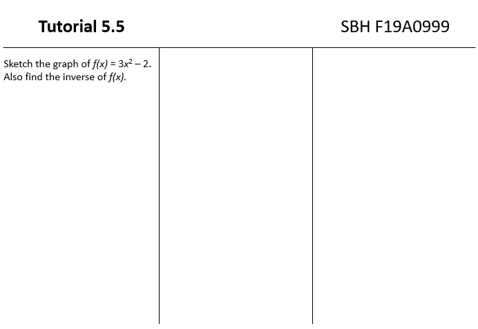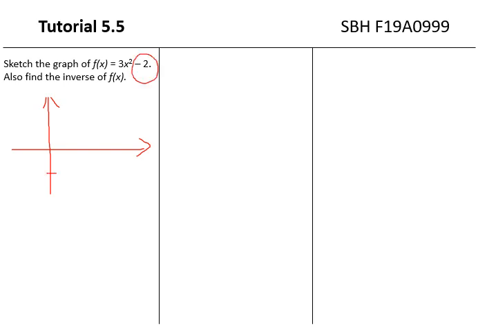Okay, now we want to sketch the graph of f(x) equals 3x squared, a quadratic equation, minus 2. Then we want to find the inverse of f(x). In order to draw the graph, one way is to identify the intercept value.